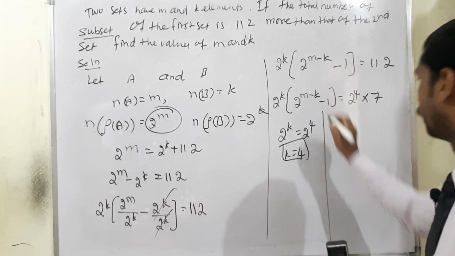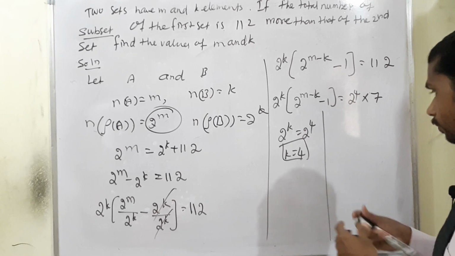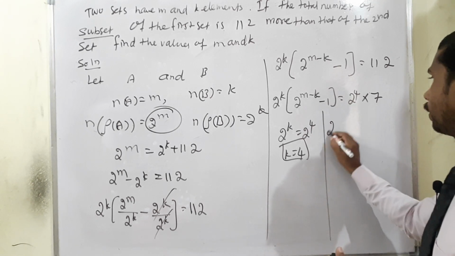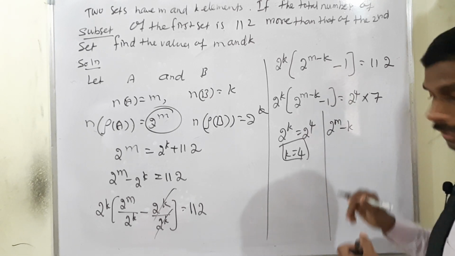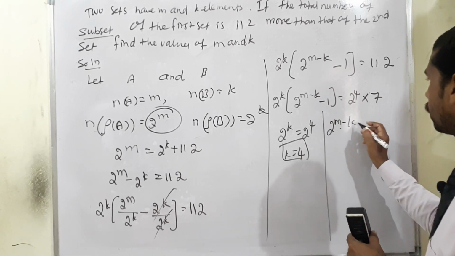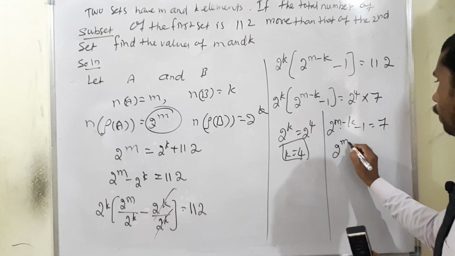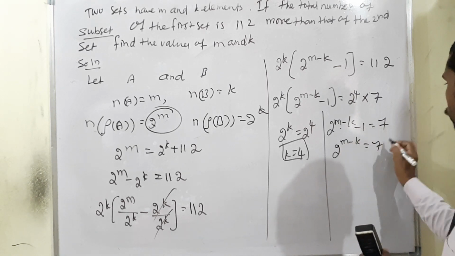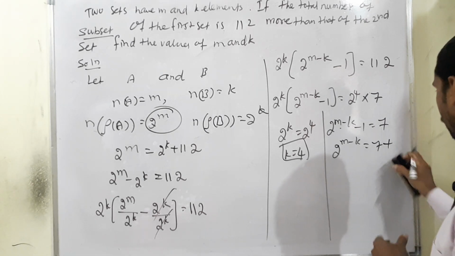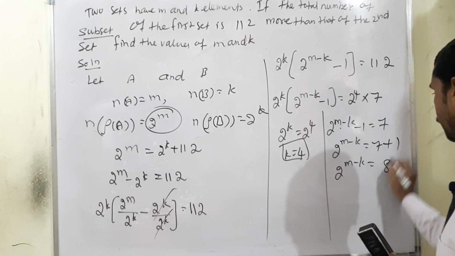First answer. Then second term, 2 power m minus k minus 1 is equal to 7 means 2 power m minus k is equal to minus 1 bring to the opposite side, sorry, positive 1. Therefore, 2 power m minus k is equal to 8.